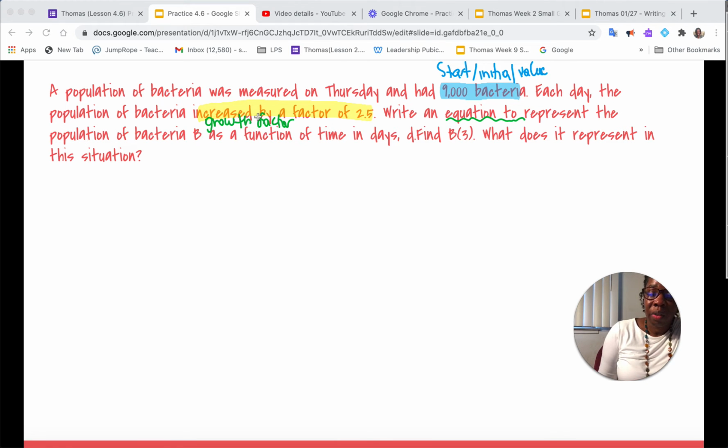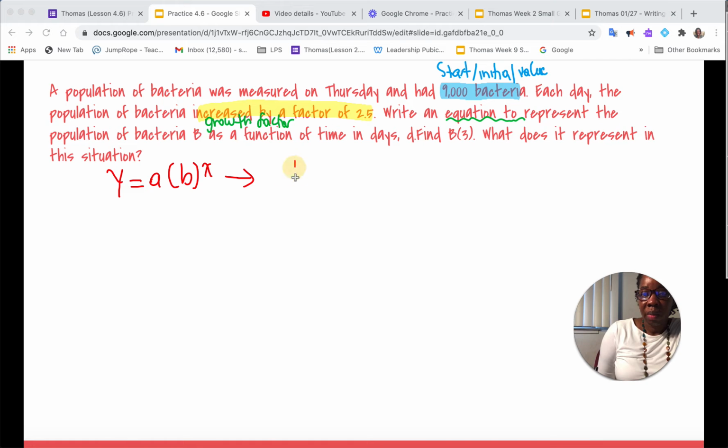So we're going to write an equation. And because of the growth factor, we know that this is going to be an exponential equation. So if we go back to what we have been practicing so far, the general form of an exponential equation is y is equal to a times b raised to the x. However, we can write it in the function form here.